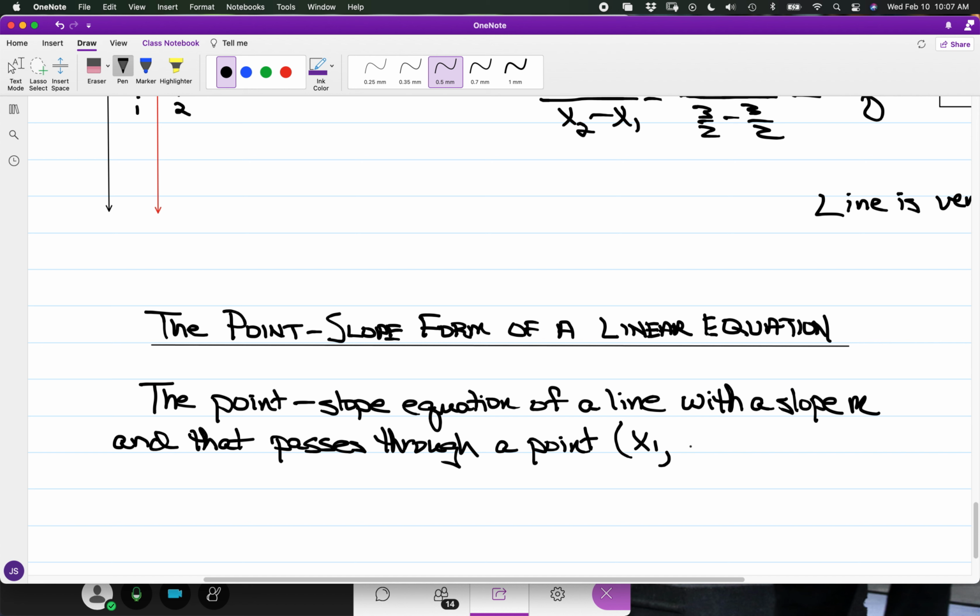We'll just designate the coordinates as x1, y1.